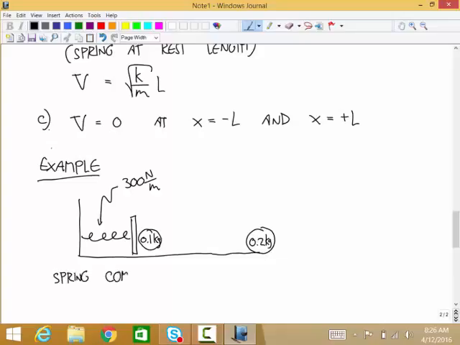The spring is compressed 0.05 meters, 5 centimeters, and released.